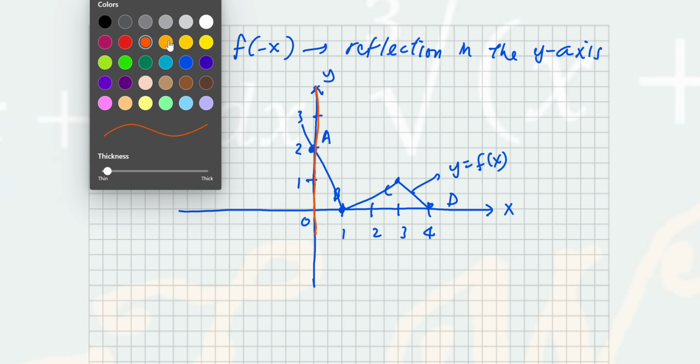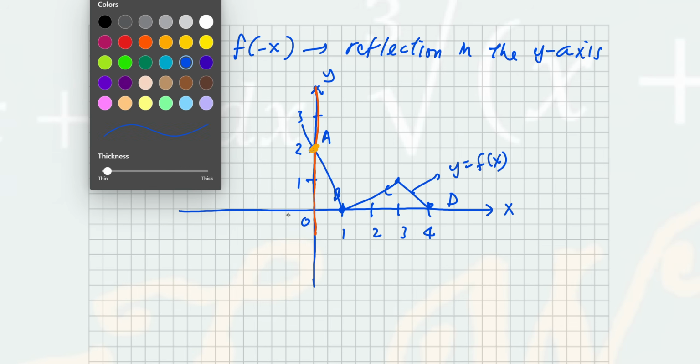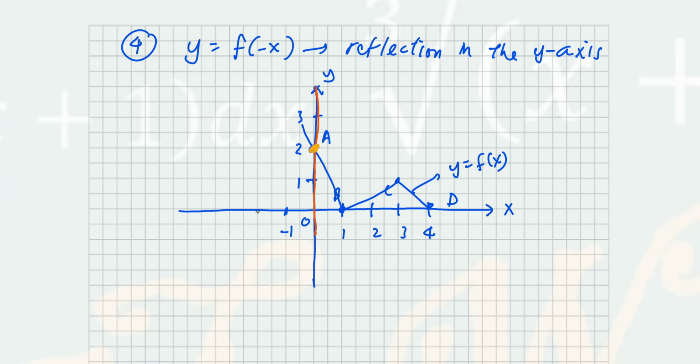So what I need to get now here is my point A, no change, because it's on the mirror. And then my point B, instead of +1, now becomes -1. So I need to label my values on the left side of my x-axis for the negative values.